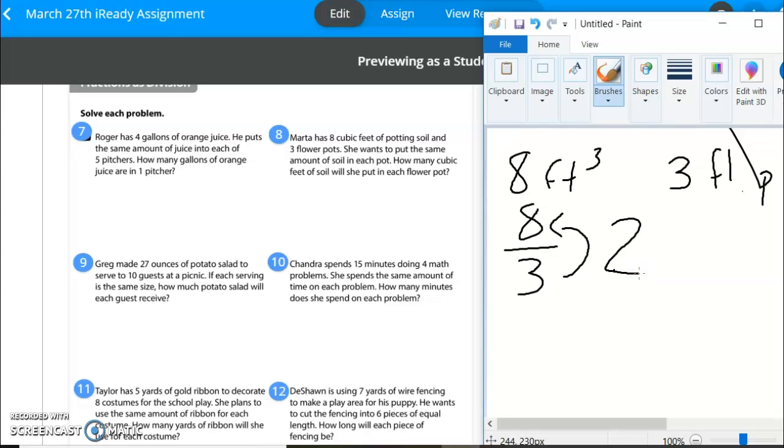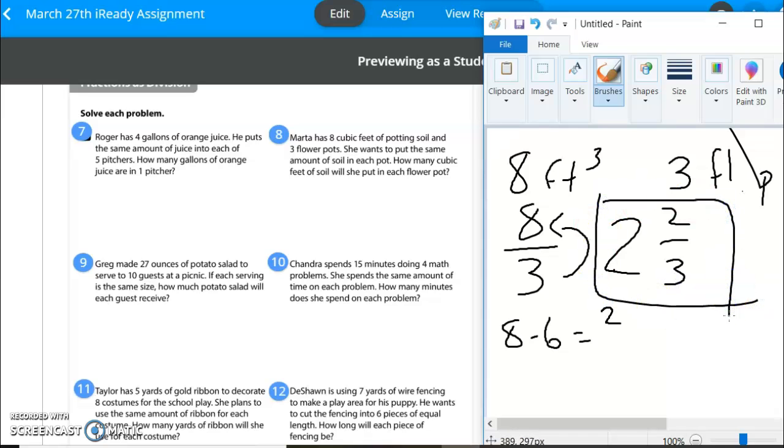Because 3 times 2 is 6. 3 times 3 is 9. 9's too big. When I subtract this 8 minus the 6, because 2 times 3 is 6, I get 2 left over. 2/3. So my answer here is 2 2/3.